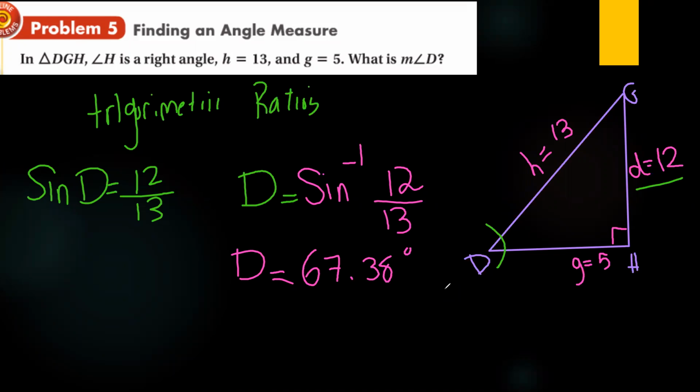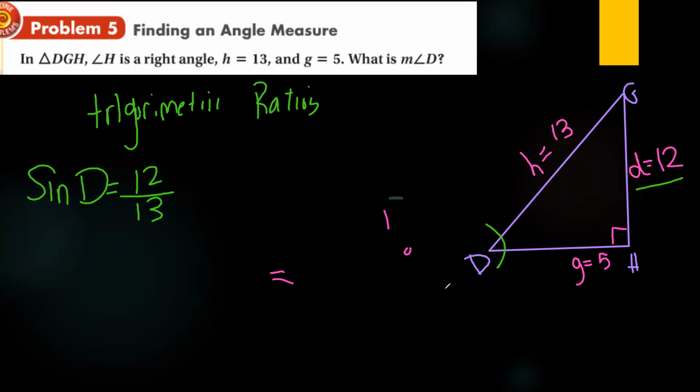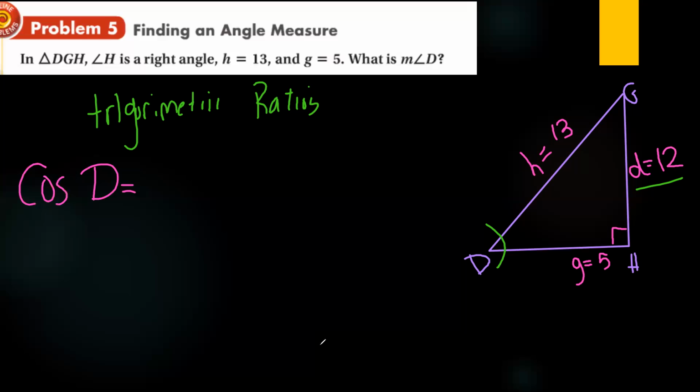Now, one of you says, teacher, I don't want to use sine. I want to use cosine. Teacher, if I used any one of them, I will get the same answer. Okay, I will use cosine now. Let's use cosine of D. Cosine of D is adjacent over hypotenuse, which is 5 over 13.